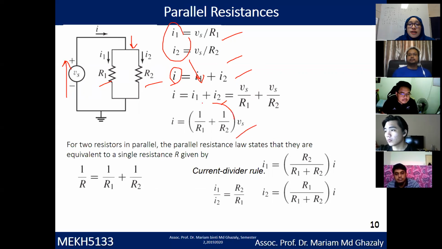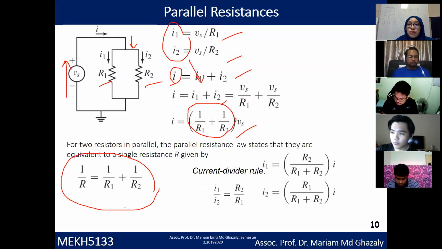So if you look at this, you can actually get R equivalent, with 1 over R equal to 1 over R1 plus 1 over R2. The current divider rule is actually the opposite of the voltage divider rule. If you want to calculate I1, it is equivalent to R2 over R1 plus R2 times I. In contrast, I2 here is R1 over R1 plus R2 times I.